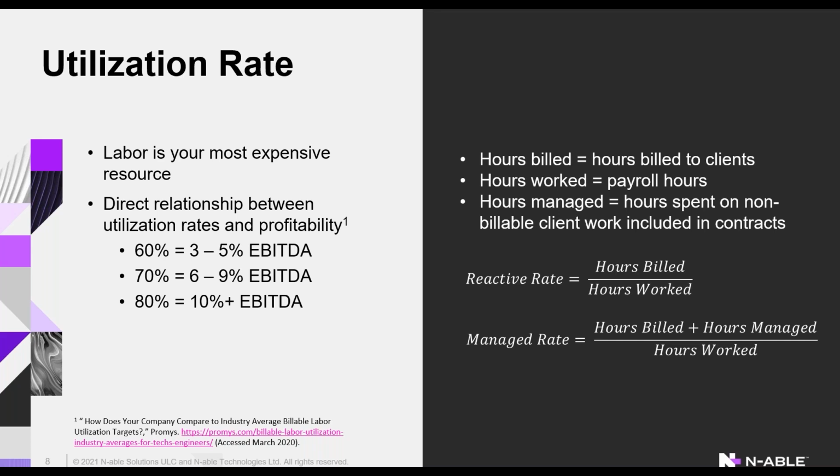When we get to larger MSPs, we see a little bit closer to the numbers we see here, where we can establish a direct relationship between utilization rates and profitability. If our utilization rate is a 60% average, 3 to 5% EBITDA is pretty much what we're going to see. 80% average or up, we see 10-plus EBITDA.